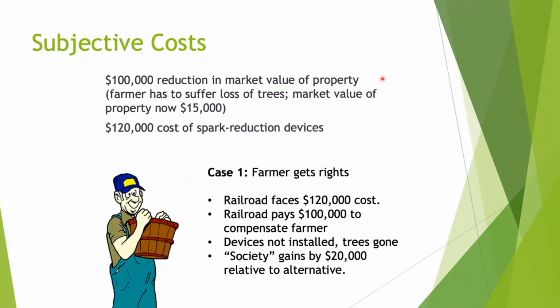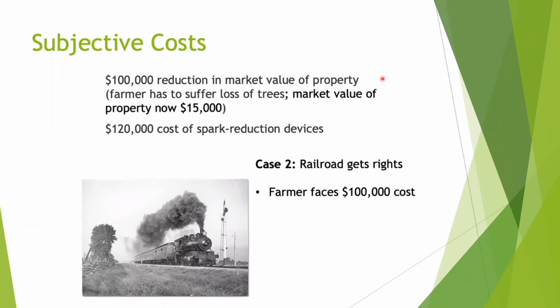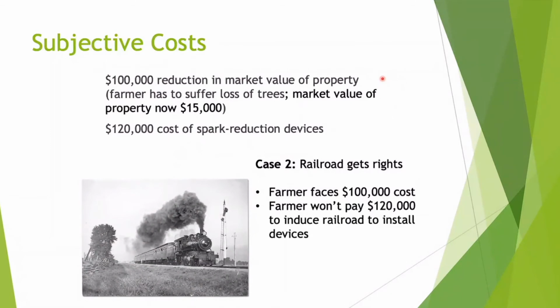So now let's suppose the railroad got the rights in the court. So the court ruled the other way. The farmer now faces a $100,000 cost of losing the orchard. The farmer is not going to be able to entice the railroad to install the spark reduction device, because the farmer is not going to be able to come up with $120,000 to induce the railroad to do this.